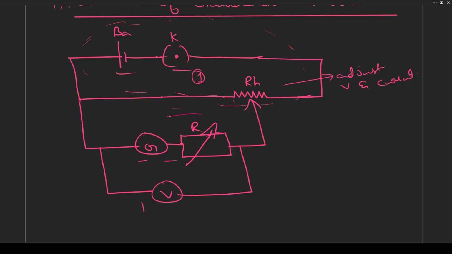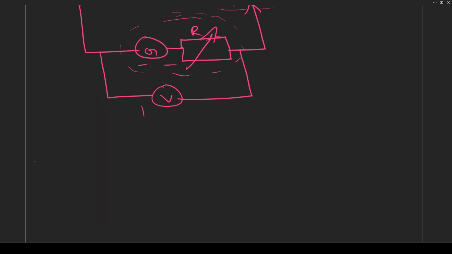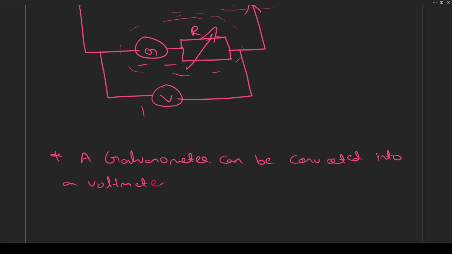Now this is the main component. In our textbook, in the fourth chapter, we saw how a galvanometer can be converted into a voltmeter by connecting a high resistance in series.